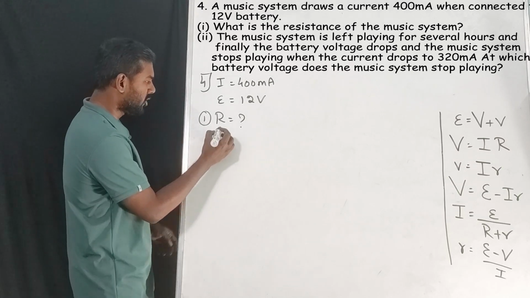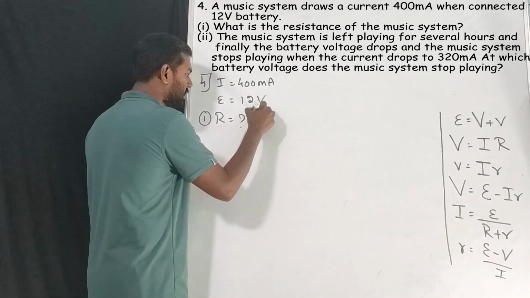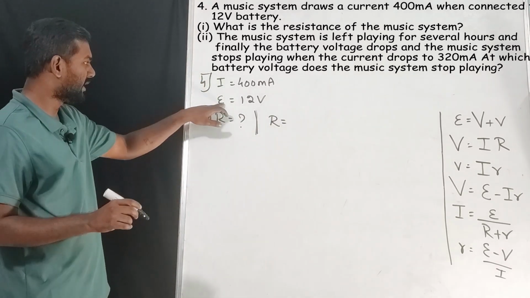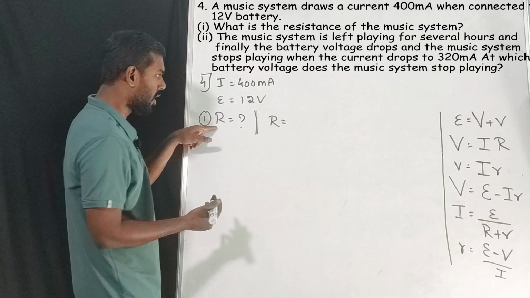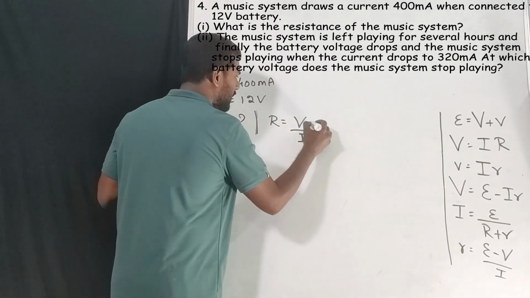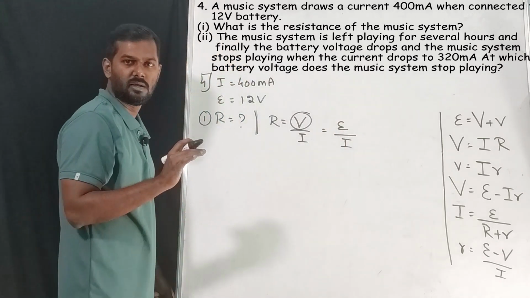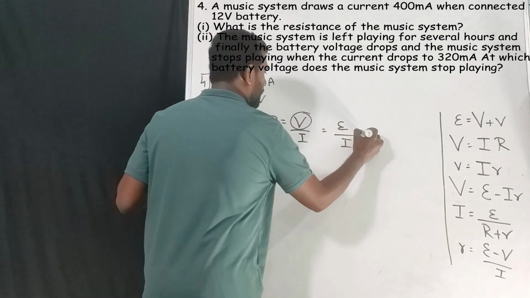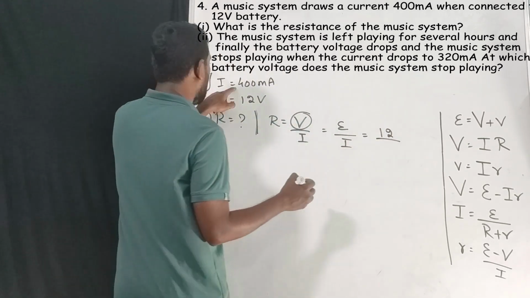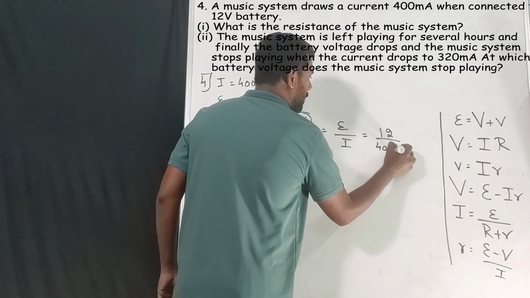Listen. So here R we have to find. How can we find R? See, go for Ohm's law only. E is nothing but voltage. So R is equal to V by I, that is Ohm's law, correct? Here instead of V we'll use E by I. That's it. Nothing else. So E is equal to 12 and I is equal to 400 milliampere.